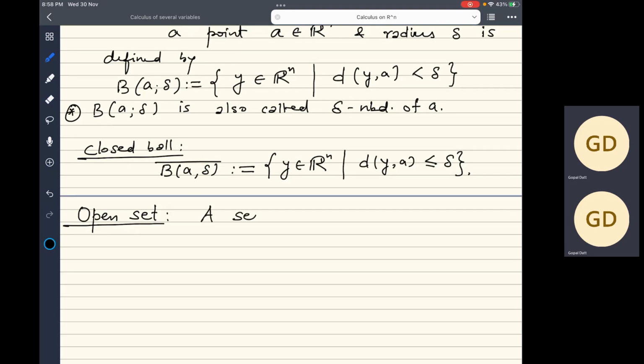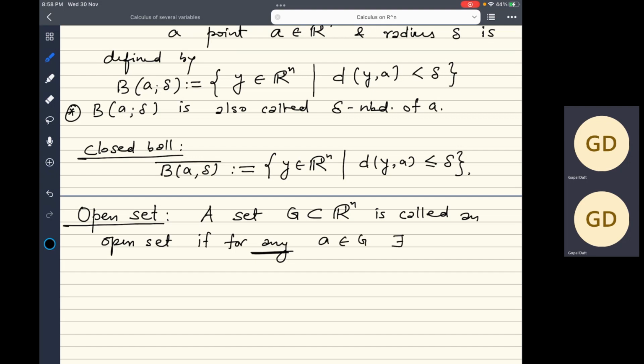A subset G of Rn is called an open set if for any point A of G we can find a ball centered at A which is entirely contained in G. So this is crucial: for any A in G there exists delta positive such that B(A, delta) is entirely contained in G.